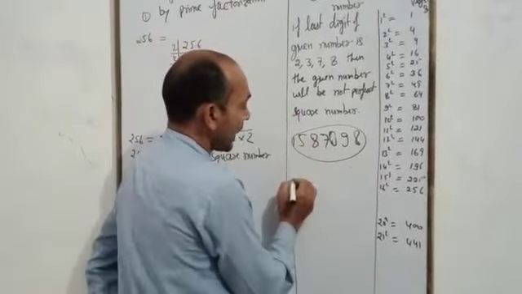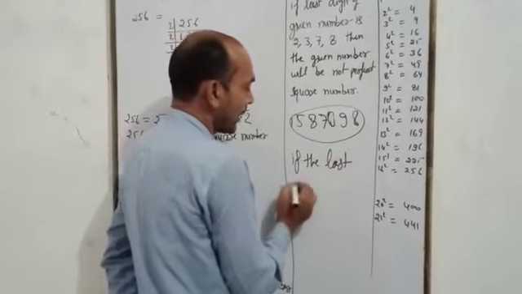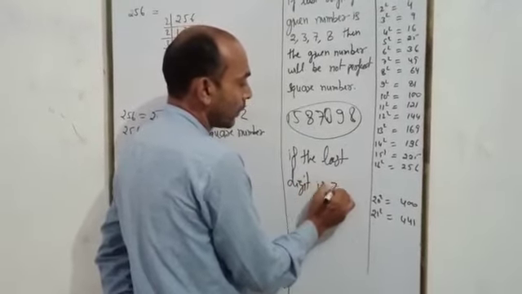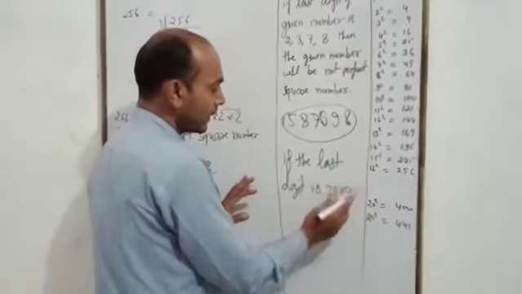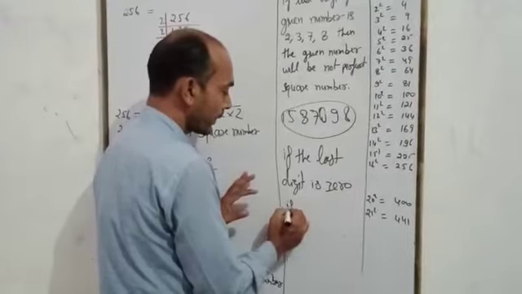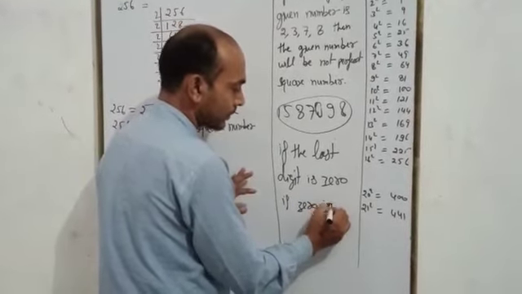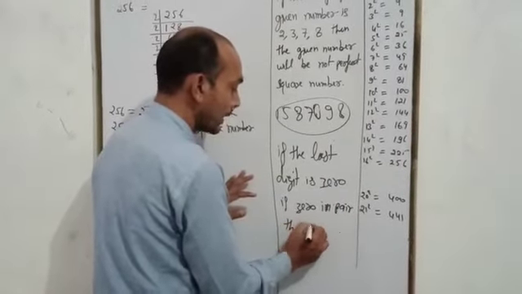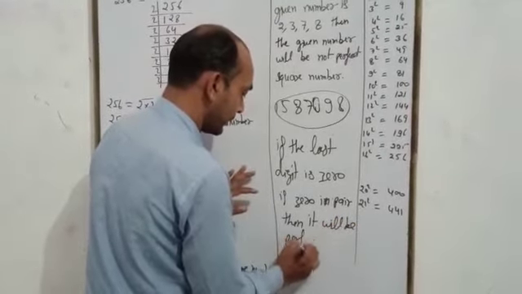Now one more: if the last digit is 0, there is some condition on 0. If the 0s are in pairs, then it will be a perfect square.